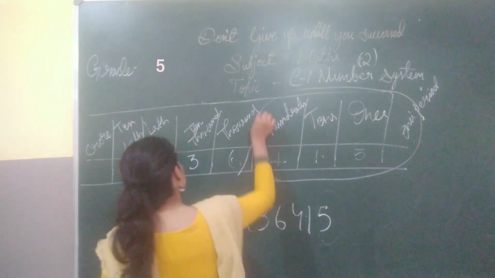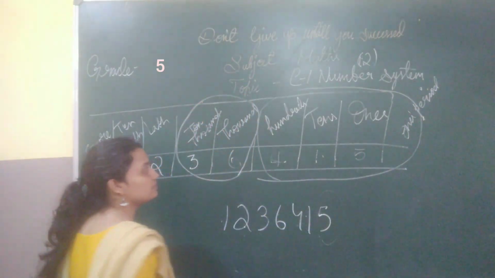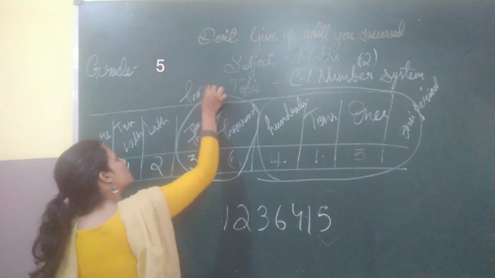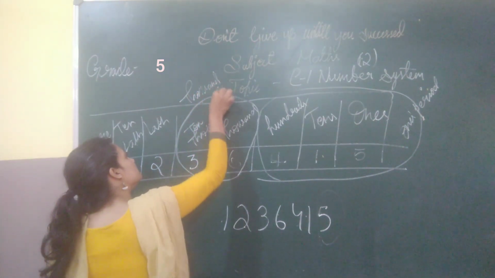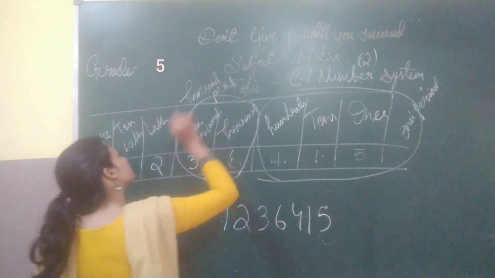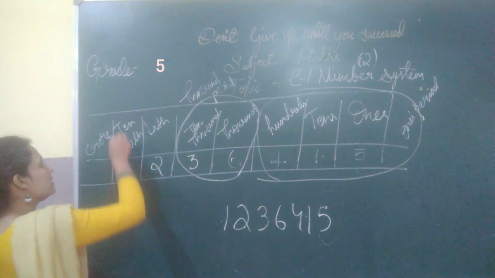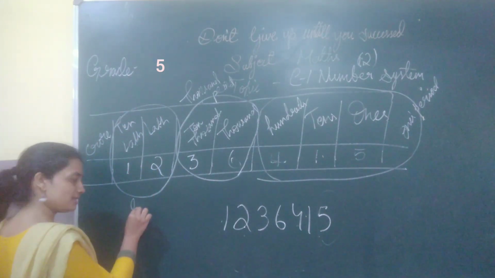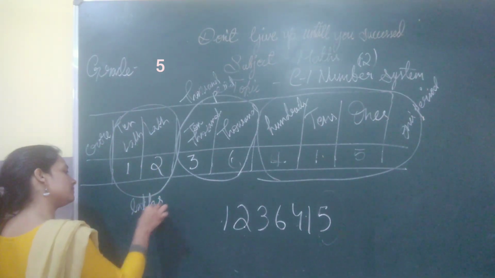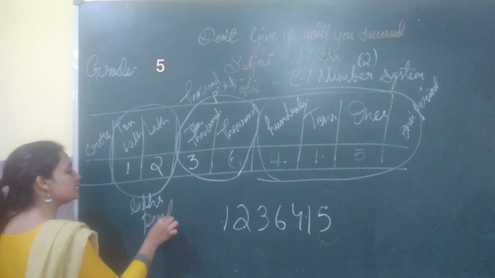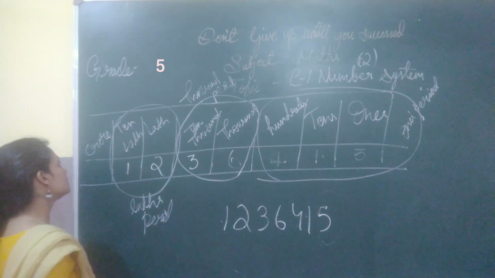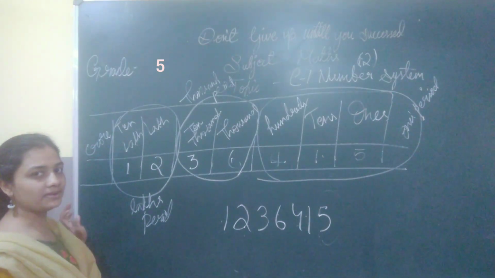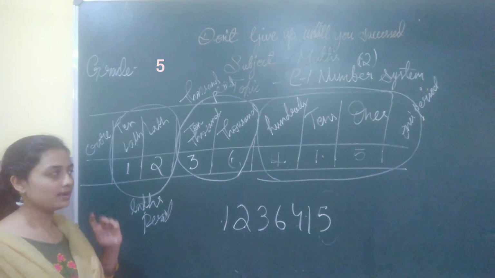Similarly, the next 2 places are one group, and it is called 1000 period. Similarly, next you have 2 grouped together called lakh period. And next 2, crore and 10 crore, that will be a separate period called crore period.